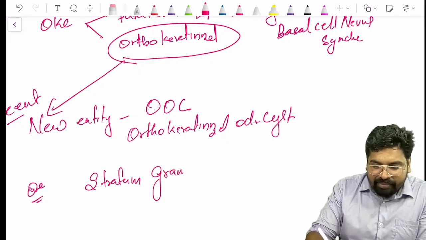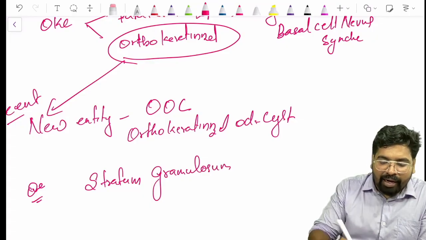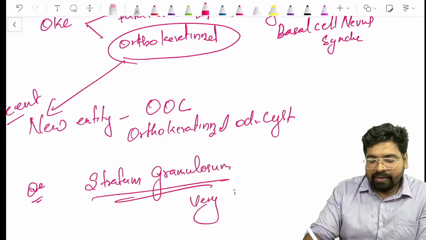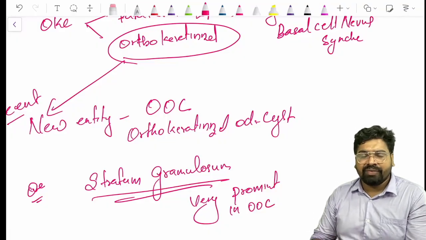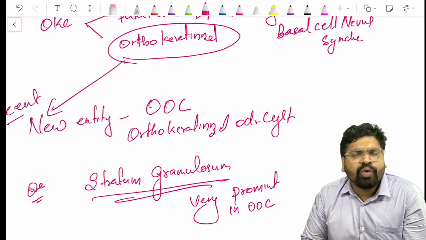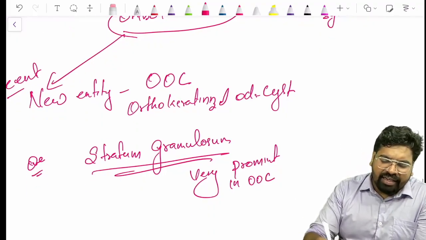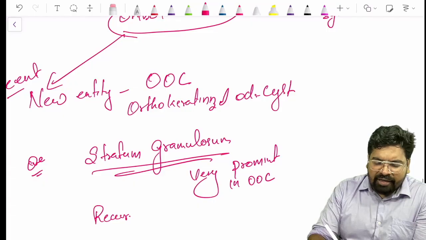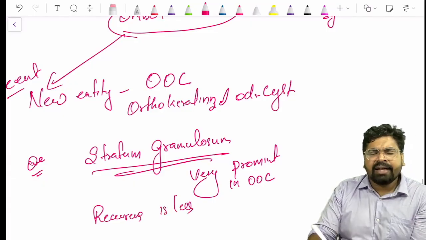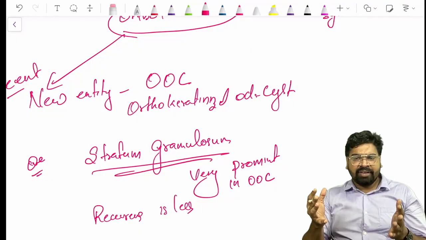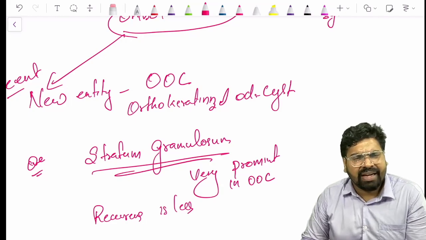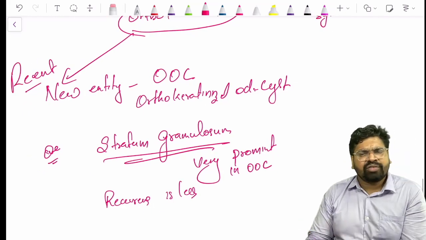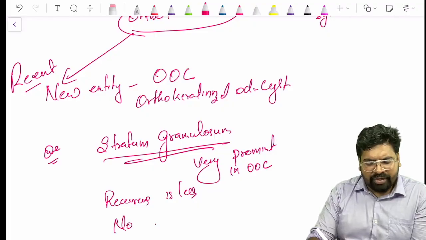Stratum granulosum is very prominent in OOC, but it is less prominent in OKC. One other thing: the recurrence rate is less in OOC. The recurrence rate of OKC is nearly 13%, while the recurrence rate of OOC is 2 or 3%. That is very less, and this is not associated with syndrome. No syndrome association.